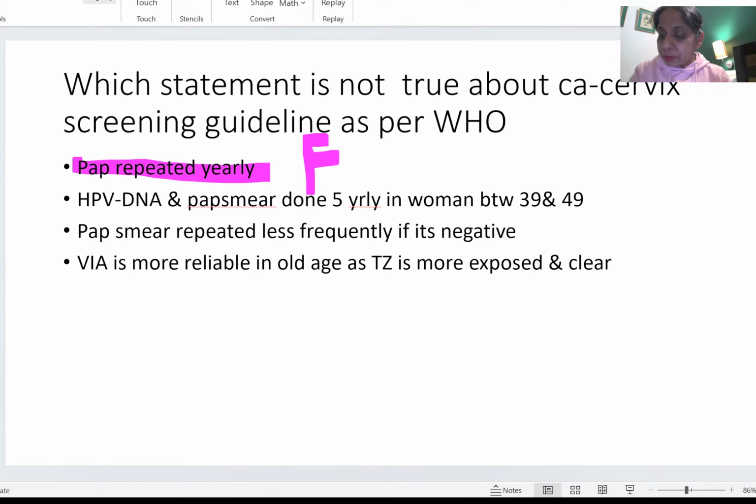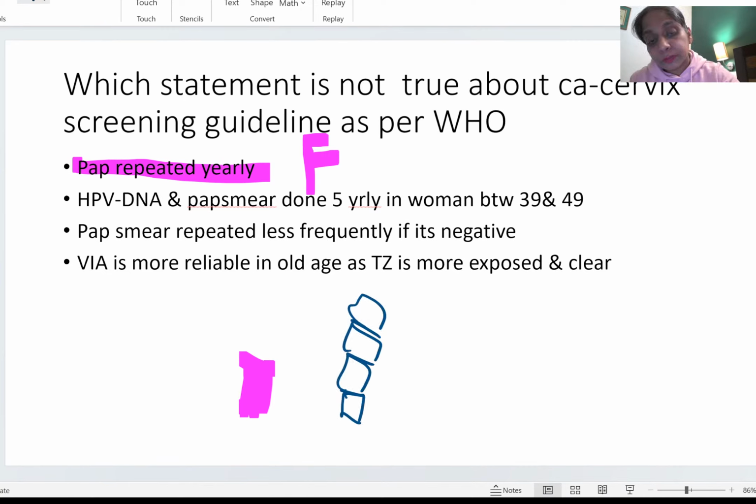what is the difference between squamocolumnar junction and transformation zone? Squamocolumnar junction is just a border. If this is squamous epithelium and this is columnar epithelium, it is just the border.